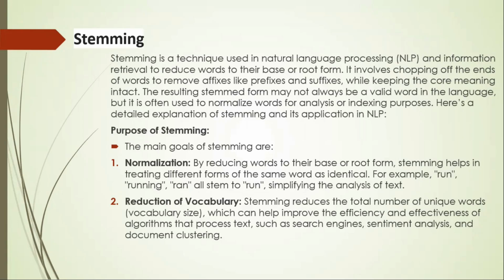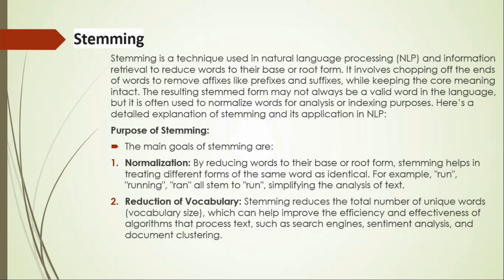Stemming is mostly used for normalization and reduction of the vocabulary. By reducing words to their base root form, stemming helps treat different forms of the same word as identical. For example, run, running, ran all stem to run, simplifying the analysis of the text.